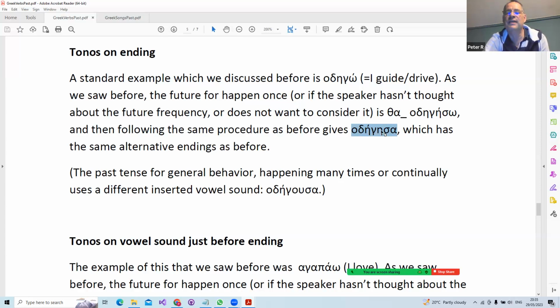Exactly. But if it was future tense, it would be different. So this would be an o here, and the tonos would be here. Maybe I shouldn't have introduced that.